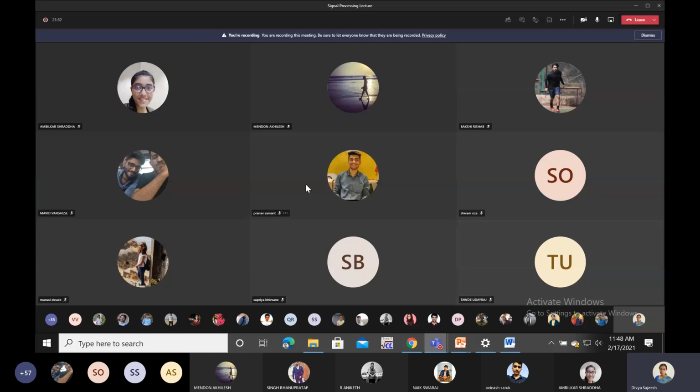It is summation from minus infinity to plus infinity x of n into z raised to minus n, where we are multiplying your original signal x of n with z raised to minus n, where n extends from minus infinity to plus infinity. Can you tell me what is z? What is the expansion of z? Pranav? Ma'am, x of 1 into z raised to minus 1.